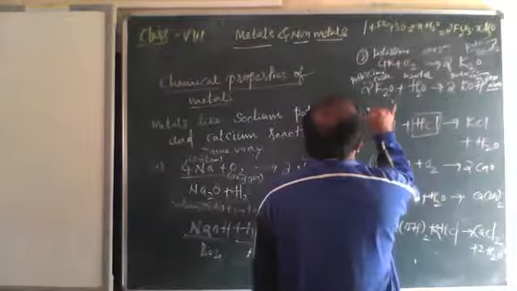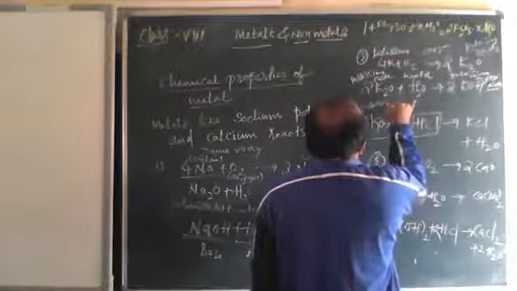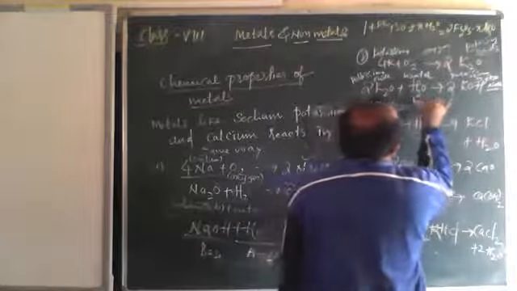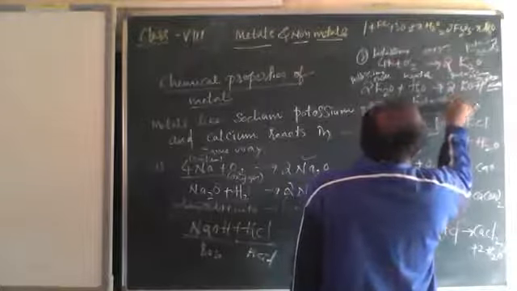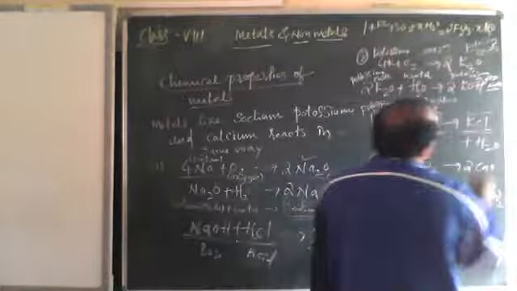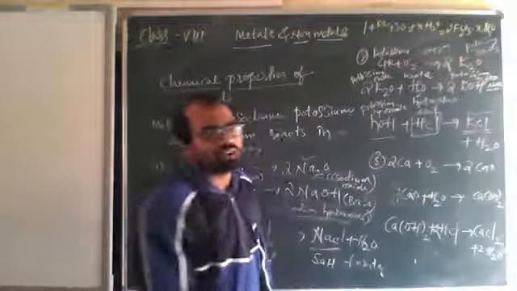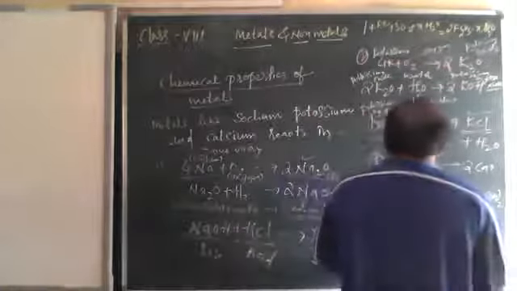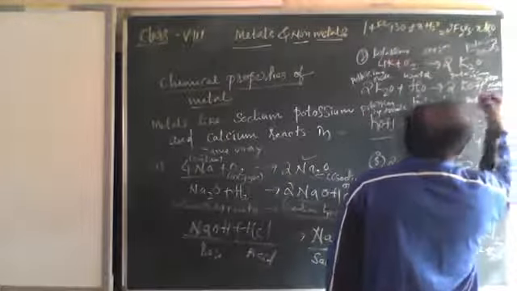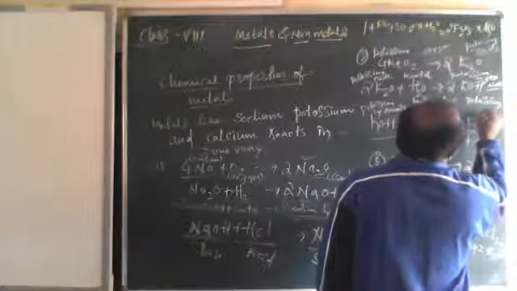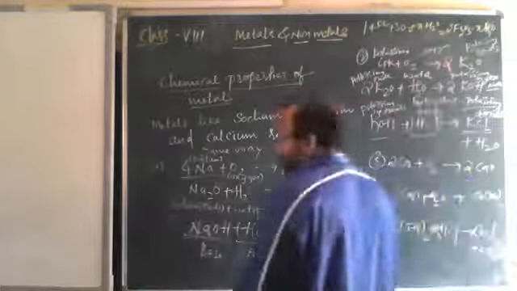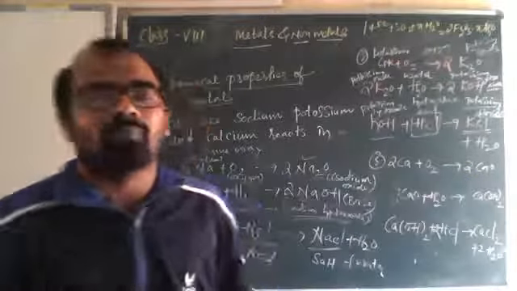So potassium hydroxide reacts with hydrochloric acid, HCl, and it will form KCl. KCl means what? Potassium chloride. It forms potassium chloride. I hope you are clear up to this much.